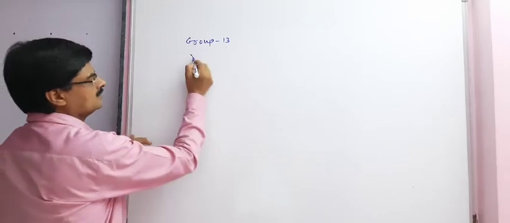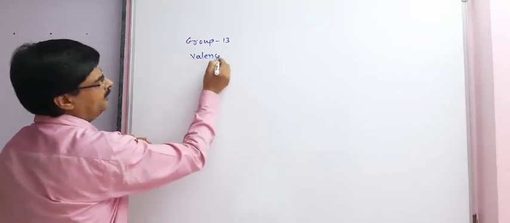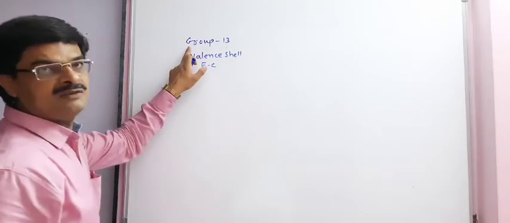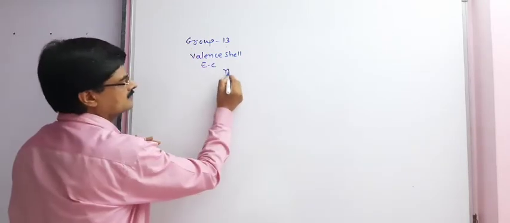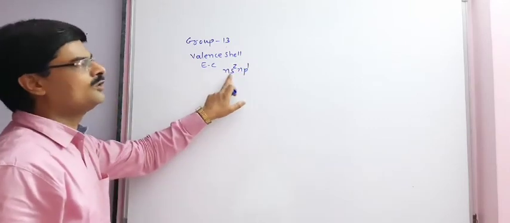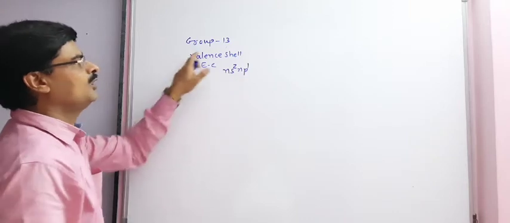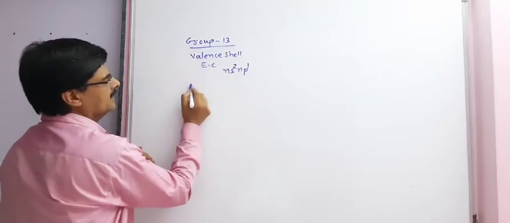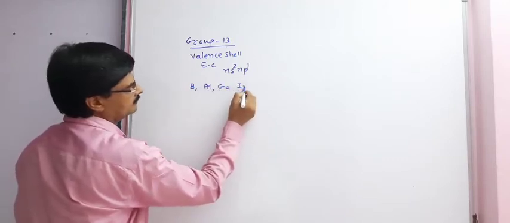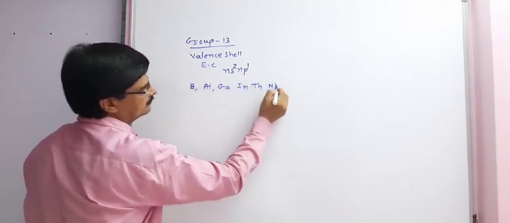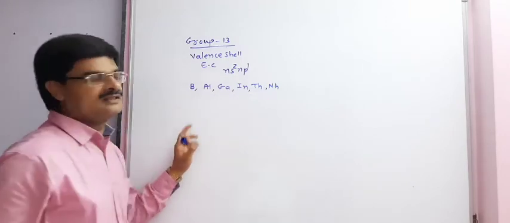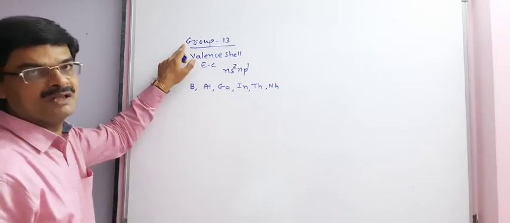The electronic configuration of the valence shell of elements present in group 13 is ns2 np1, meaning there are 3 electrons present in the valence shell of elements of group number 13, and they are B, Al, Ga, In, Tl and Nh. These are the elements present in group number 13.